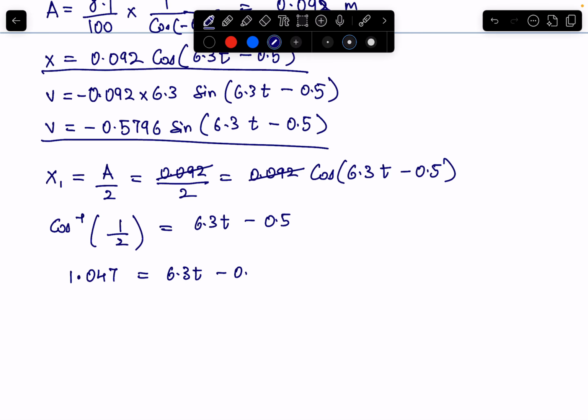So we just solve this equation to find the value of t. It's 0.2455 seconds.